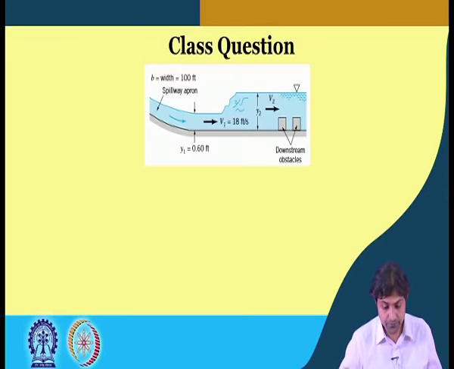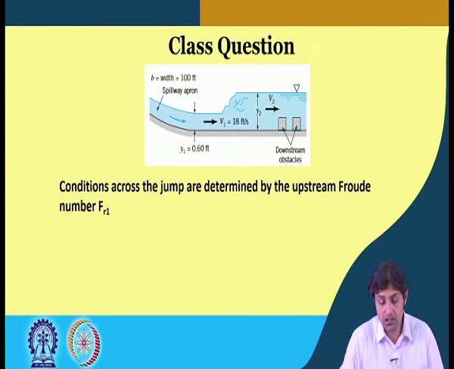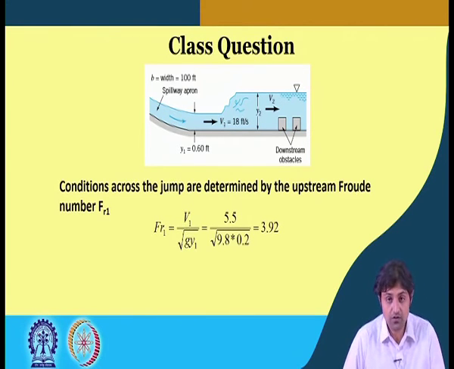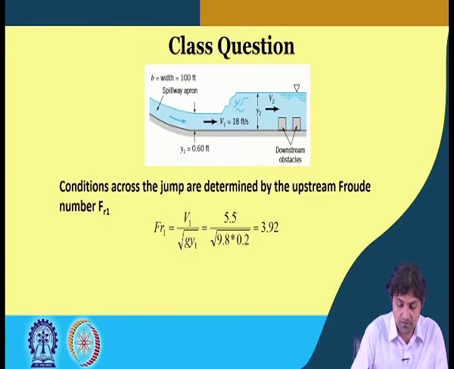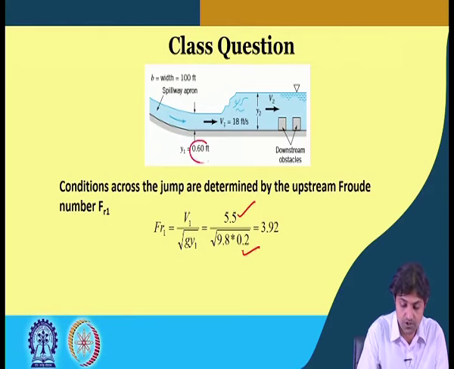So, in this question the conditions across the jump are determined by the upstream Froude number Fr1, that also we have to find out actually, alright. So, Fr1 is given by V1 divided by under root g y1, V1 was given 5.5, y1 was given 0.2. 18 feet per second means 5.5 meters per second.